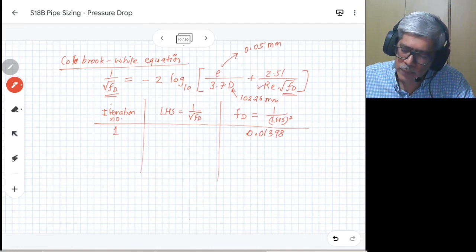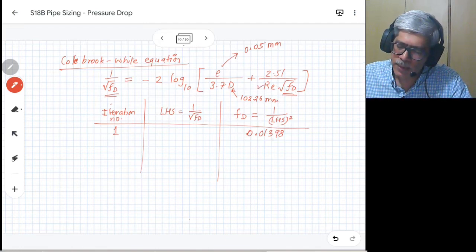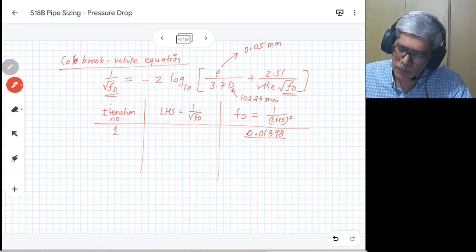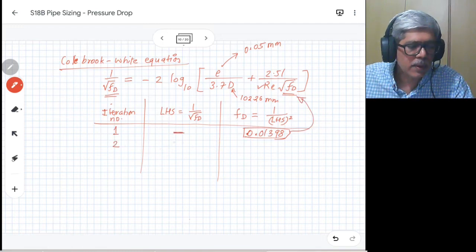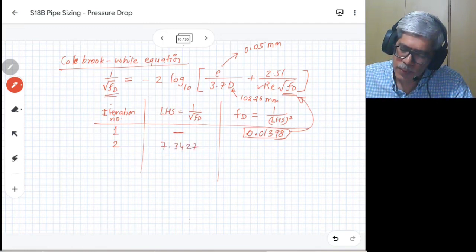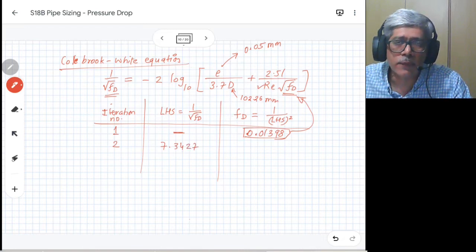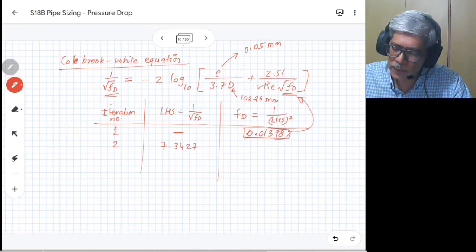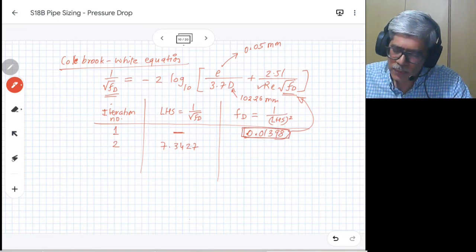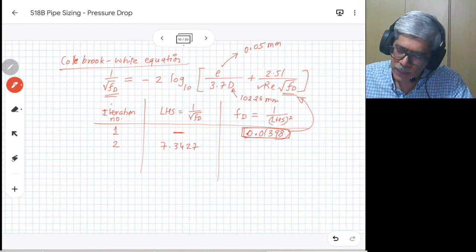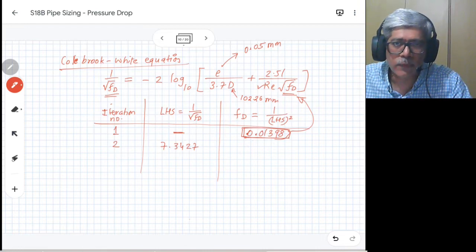The Reynolds number we have calculated previously, and by substituting these numbers we can calculate the value of LHS. So that becomes 7.3427. So using the right hand side part of this equation, substituting the assumed value of FD, we will get the left hand side, which is 1 by under root FD. So if you invert this and take the square, that gives you the value of FD for the next iteration.